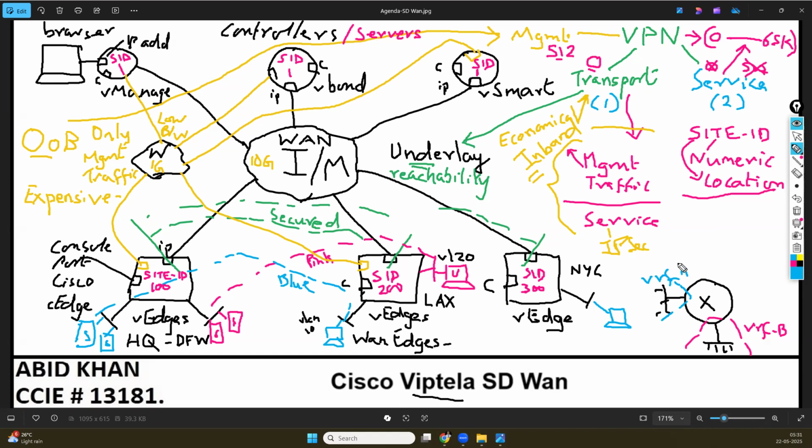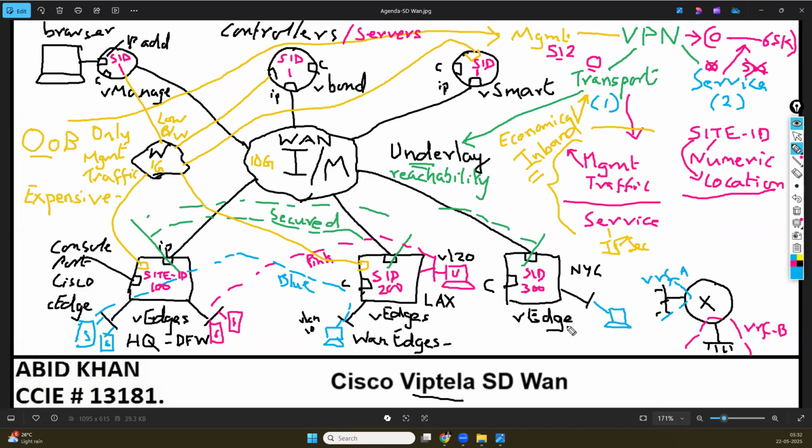In OSPF, how is every router identified? In traditional OSPF, each and every OSPF router is identified by something called as Router ID. Router ID is some IP address. No two routers can have the same router ID. Router ID has to be unique.